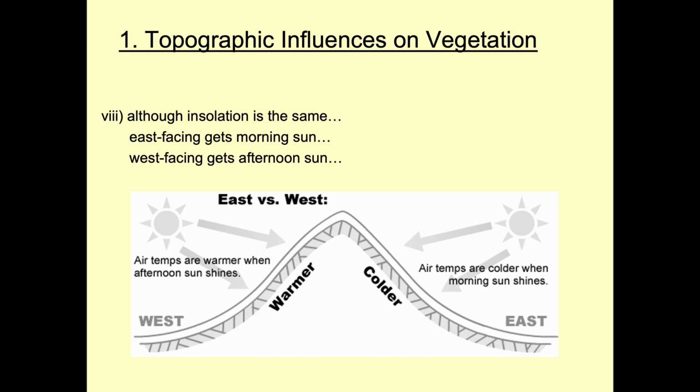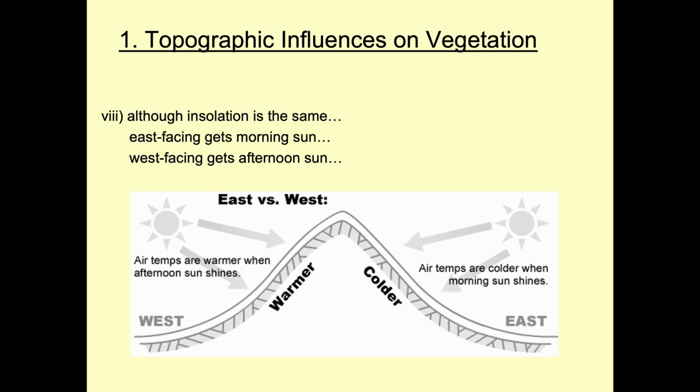A really important thing that we need to know is that the eastern and western aspects actually receive the same amount of insolation. Each day, the same number of photons hit each side of this slope.